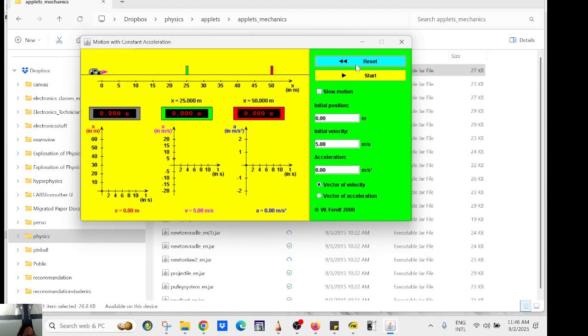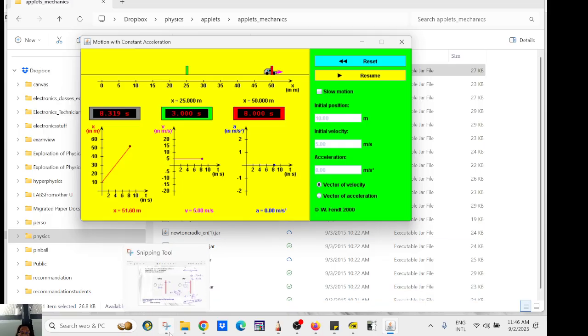Agree? Now, what's going to happen if I keep acceleration 0 and here initial position is 10? Which one is going to change? Very good. You have a y-intercept equal to 10 on the number line.